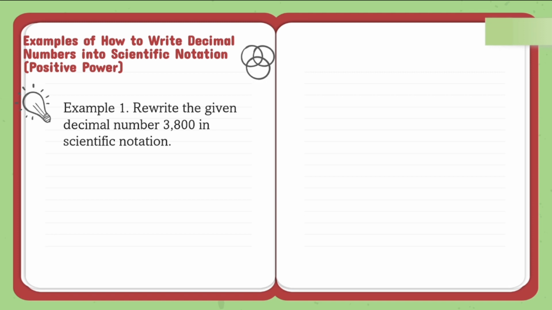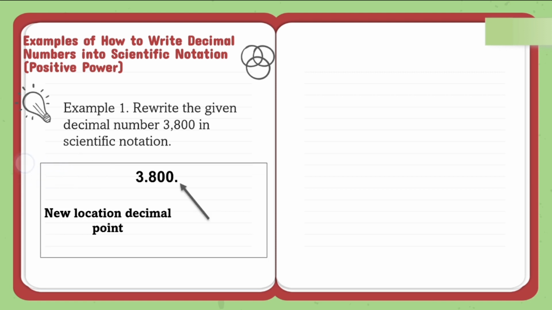Starting with the first step, we identify the original location of the decimal point and its new location. This is our original decimal point, and this is the new location of the decimal point.